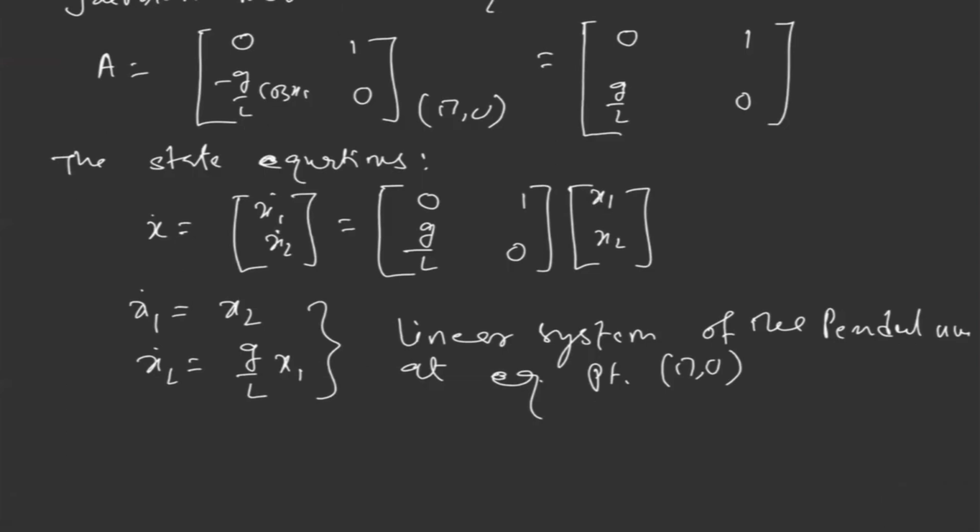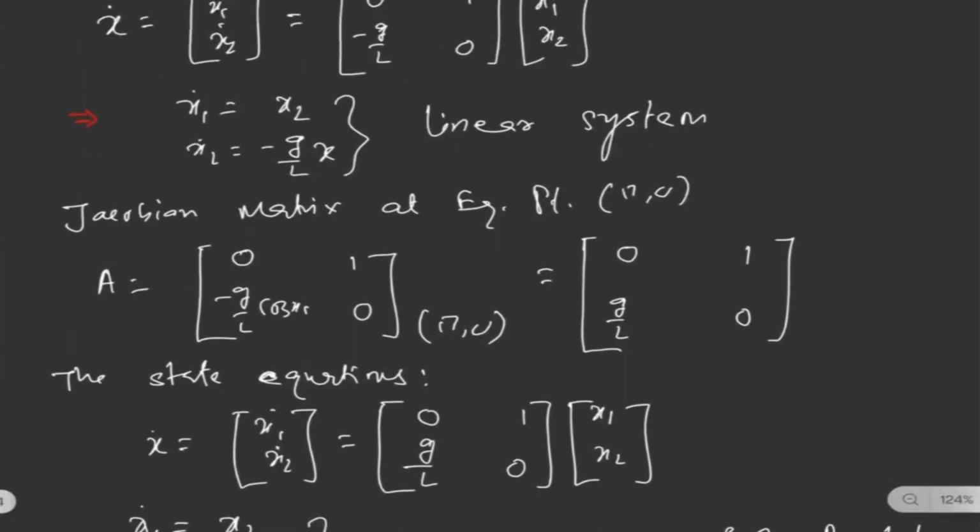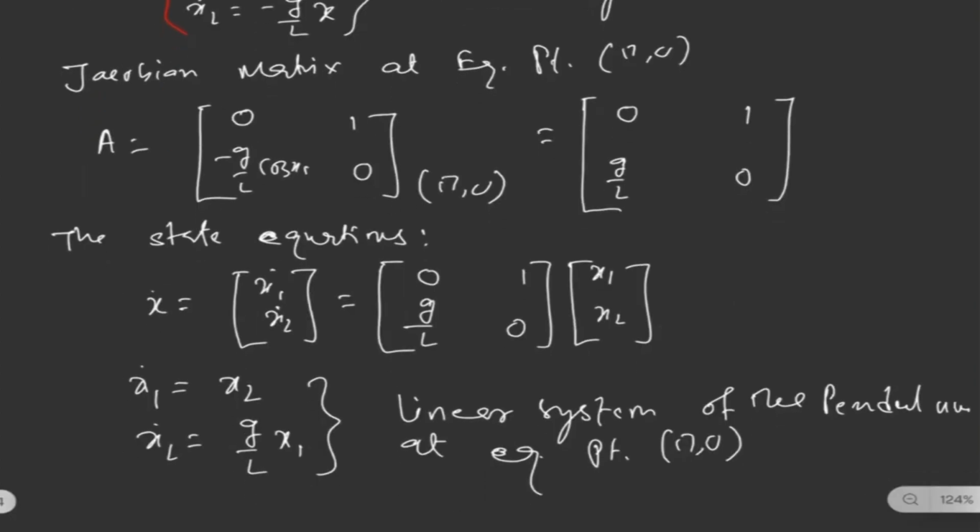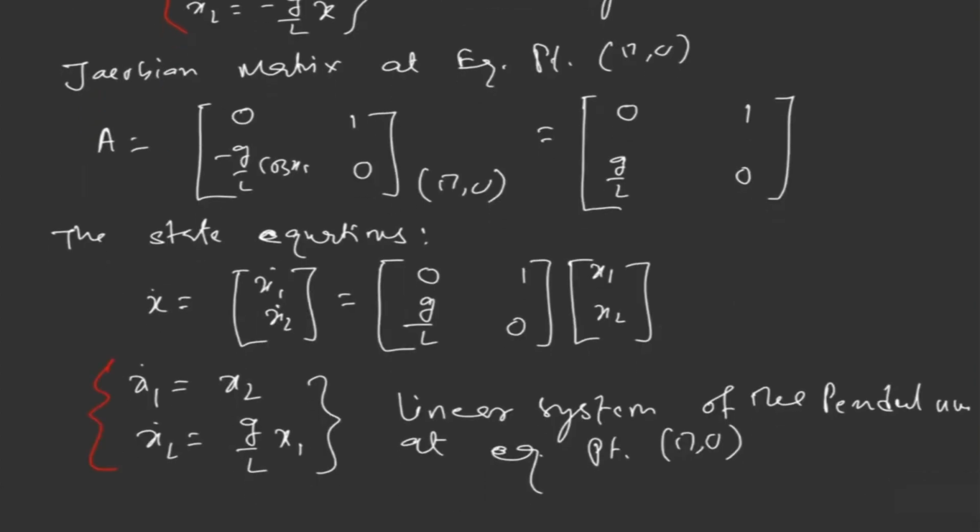In the next lecture, we'll discuss how we can define stability based on these obtained state equations, and also connect the control part, how we can make the system controllable even if the natural system is unstable. If you notice here, these equations are the natural dynamics we get from the original system.